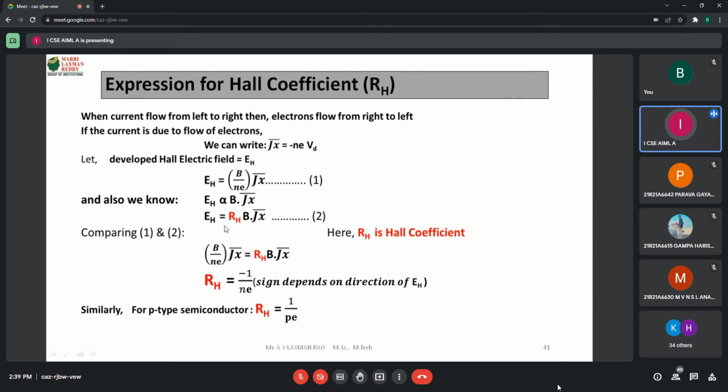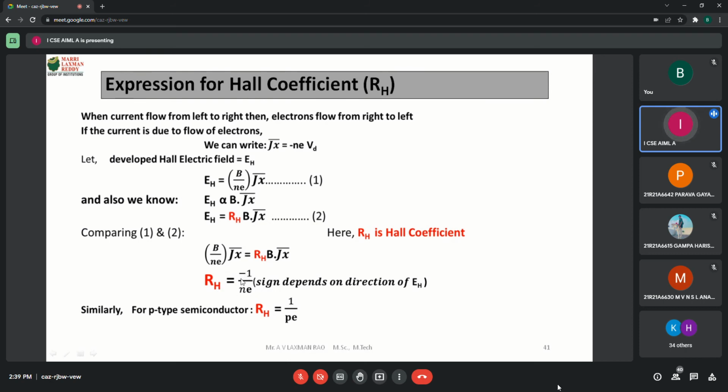Now if the direction is one side, then EH is taken with the plus sign. If EH is in the opposite direction, because the charge carriers are accumulated in the opposite direction, then it is taken as the negative sign of EH. Based on that, RH is sometimes negative and sometimes positive. If you get a positive RH, it is for P-type semiconducting material.